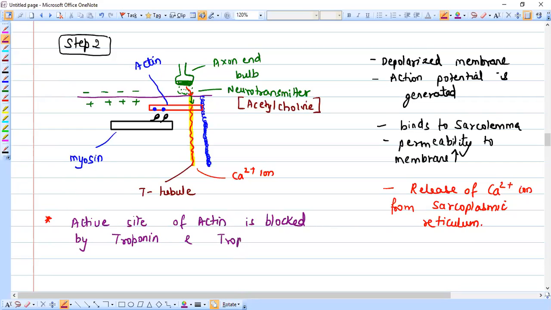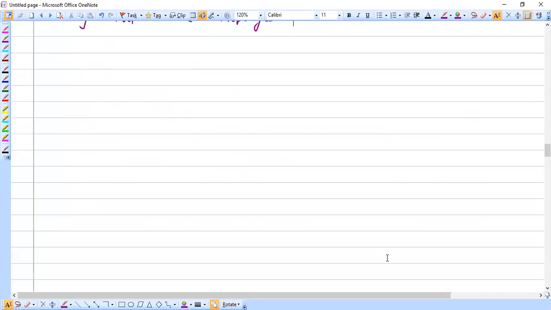Remember one thing here, there is a love story going on. The troponin, even though it is attached to actin, loves calcium. So due to conduction of impulse, when the calcium is released, the troponin will leave the active site of actin and go and bind to the calcium ion.